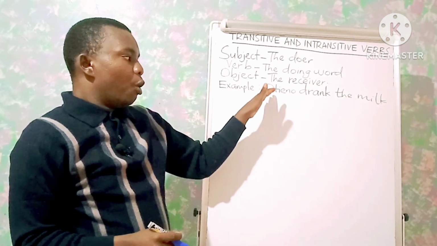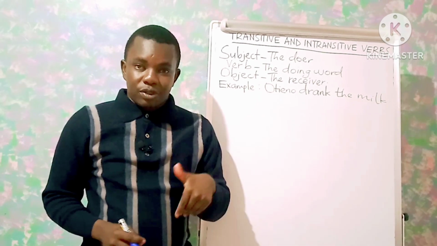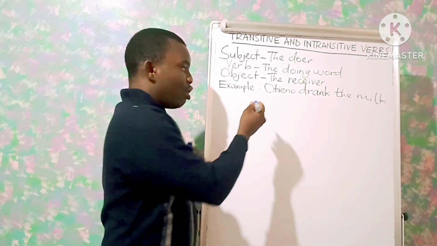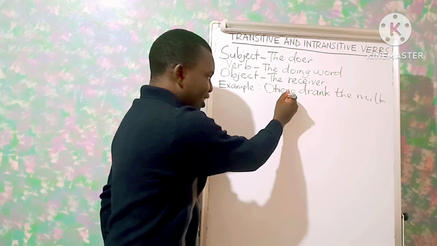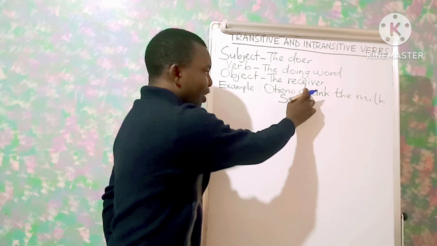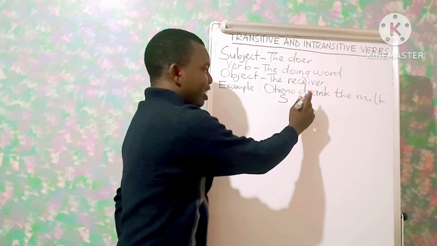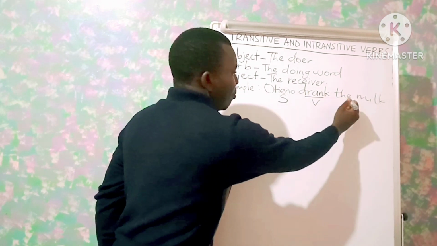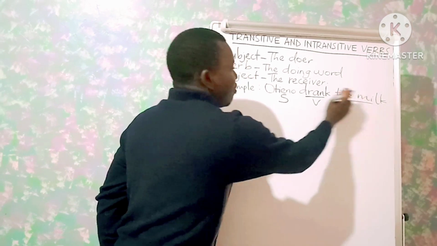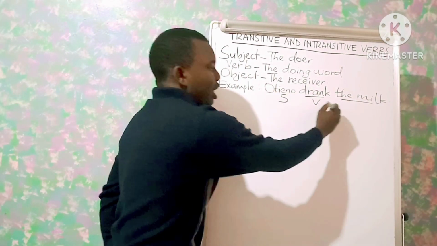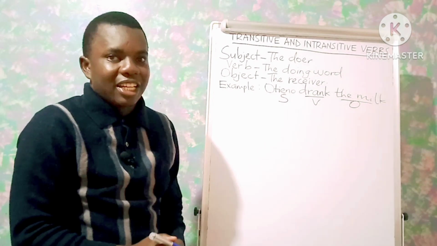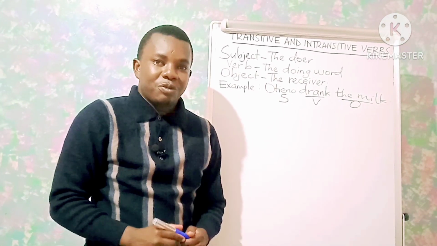So the doer of that action of drinking is Otieno. So Otieno is the subject. Drank is the verb. And then the milk is the receiver of the action of drinking. And for that matter, it is the object.